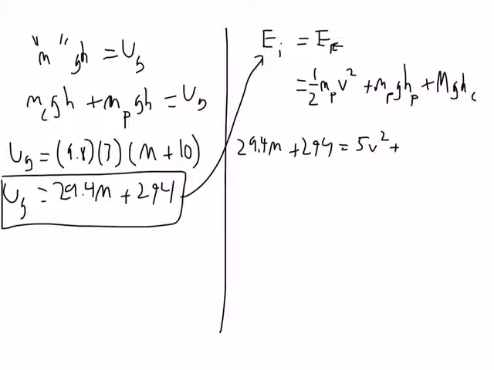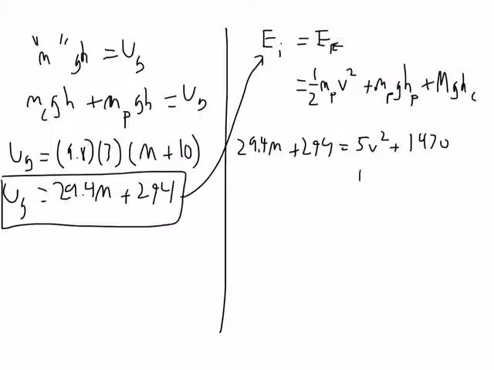And that is 1470, or no, that's not right, wrong number. Oops. No, I was right, it is 1470. All right, so that's the projectile's potential energy after.